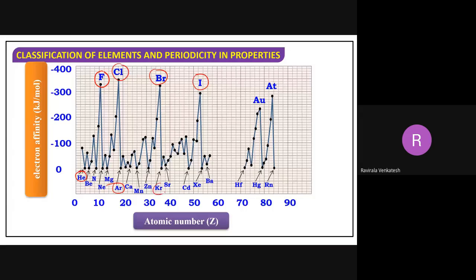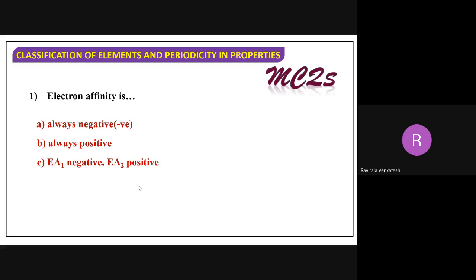So left to right, the electron affinity values increase. Which group elements have the highest electron affinity values? Group 17.